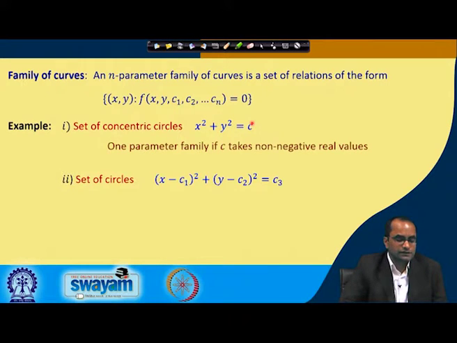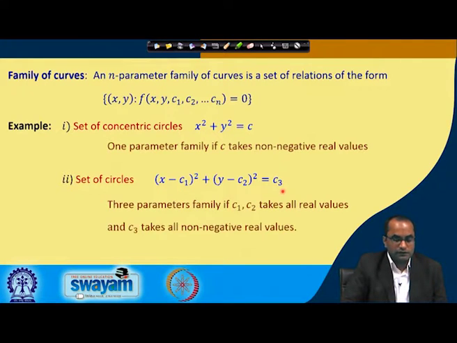Again, in this set of circles we are now varying the center as well as the radius. This is the set of all circles. We can choose C1 and C2 as any real numbers, and C3 as a positive or non-negative real number.